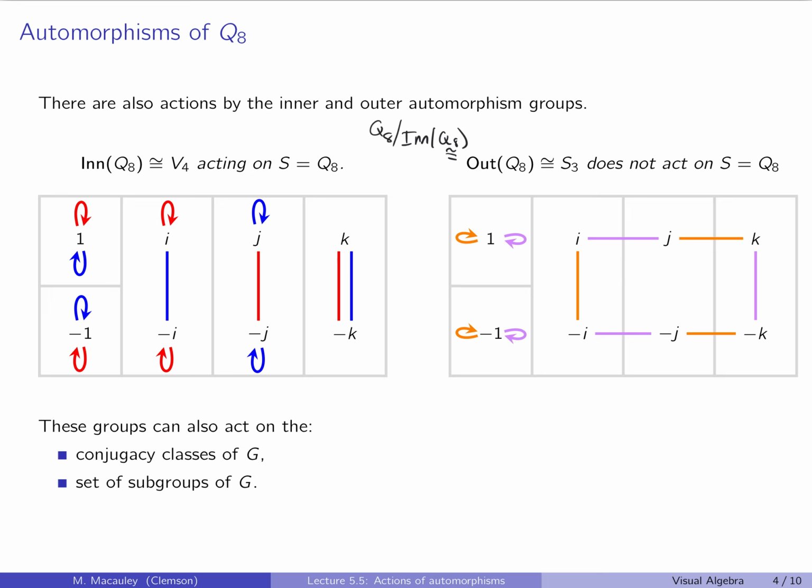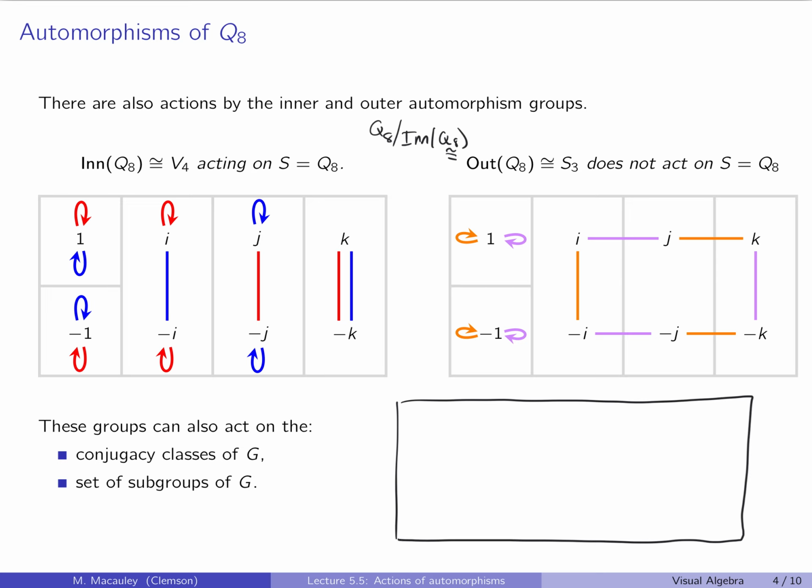To see why, let's go back and sketch our switchboard. I'm not going to draw the entire thing, but let's put the identity and the three other inner automorphisms, and then let's do the permutation ij, the permutation jk, and then the other permutation.